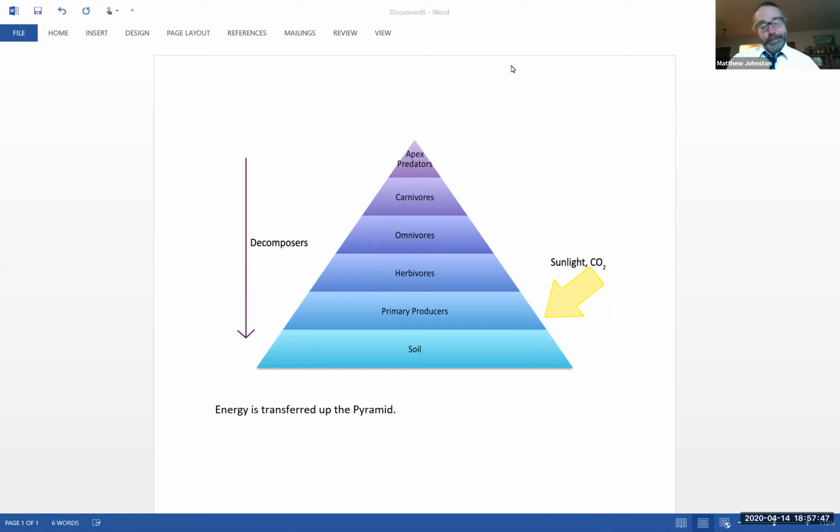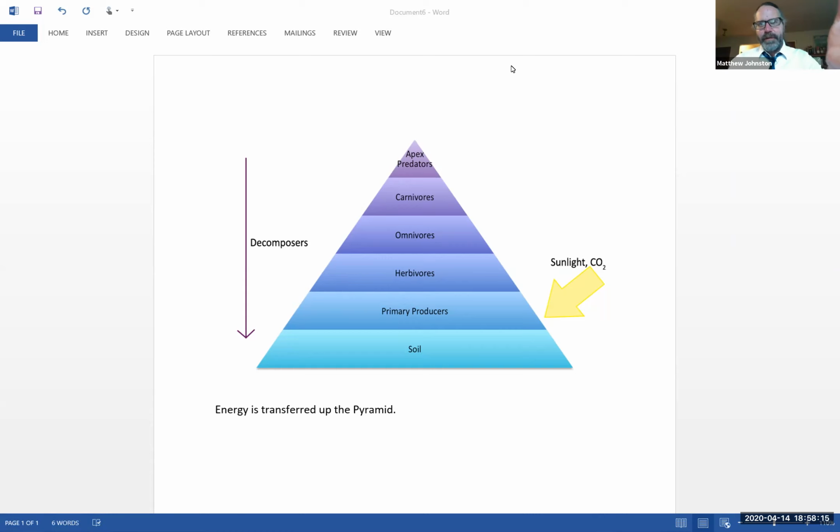Still need sunlight, still need an infusion of energy, but okay, so the point of this whole thing, though, is when you're talking about preserving an environment, more specifically an ecosystem, you need to preserve this energy system that goes up and down.